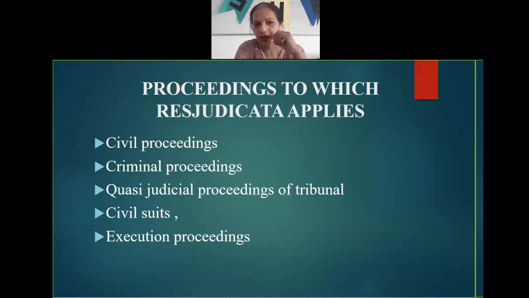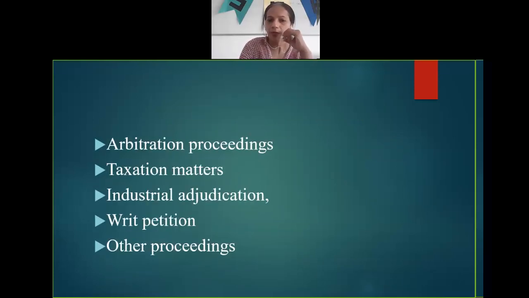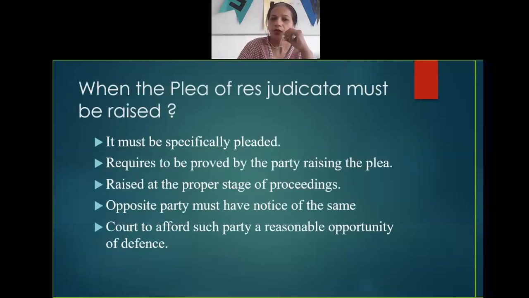So, civil proceedings, criminal proceedings, quasi-judicial proceedings of the tribunal, execution proceedings, arbitration proceedings, taxation matters, industrial adjudications, writ petitions, and other proceedings, all are proceedings over which this principle of res judicata applies. Now let us see when the plea of res judicata must be raised.